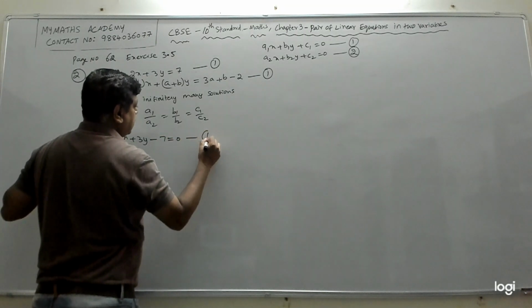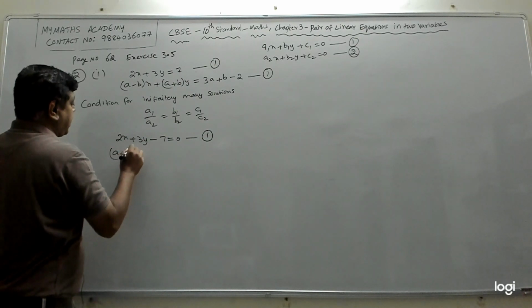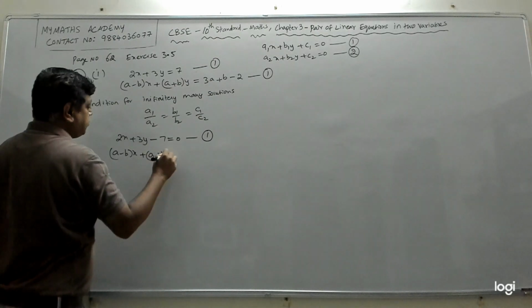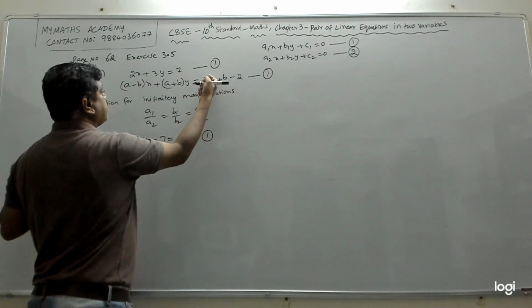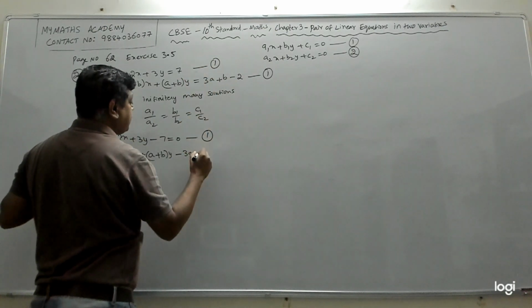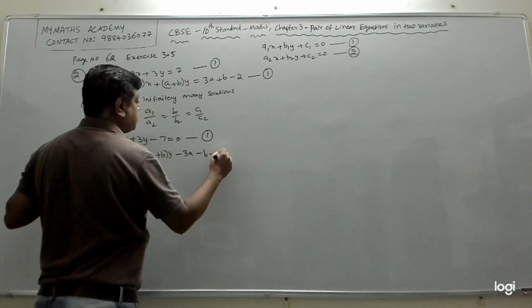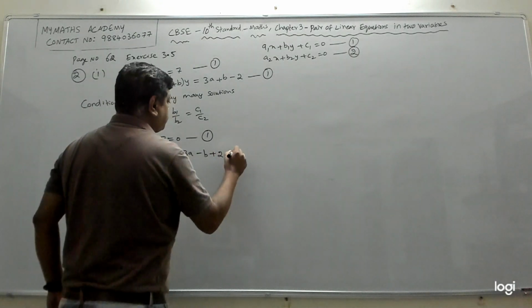This is number 1. The second is (a minus b) times x plus (a plus b) times y, then minus 3a, minus b, and plus 2 come to the left side, equal to 0.